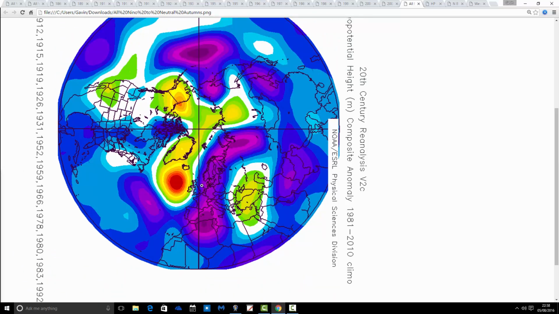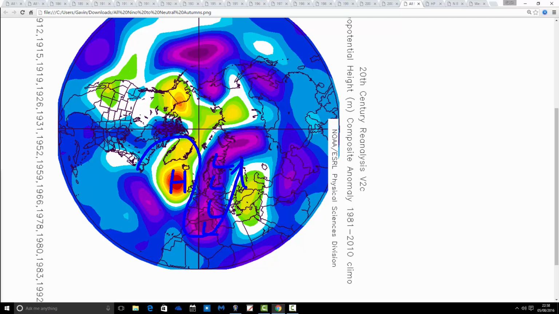And combining all of these autumns, this is how it comes out, and we generally get a ridge out to our west and troughs to our east. So in some ways, that is similar to the El Nino to La Nina autumns from the first update in the second half of the 20th century, with the flow generally doing something a bit like that.